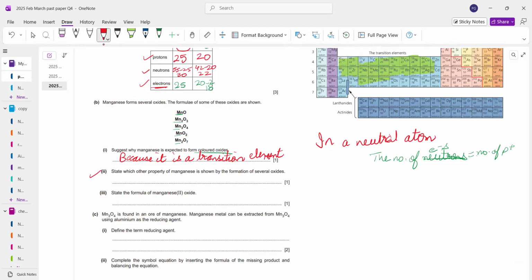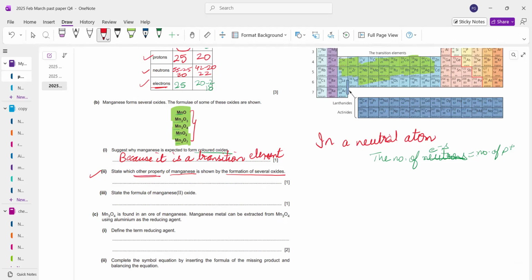The second part of the question says, state which other property of manganese is shown by the formation of several oxides. They want us to focus on the formation of several oxides and tell them which specific property of manganese is depicted by this. So, dear children, you should know that transition elements are able to form multiple oxides because of their ability to show variable oxidation states.